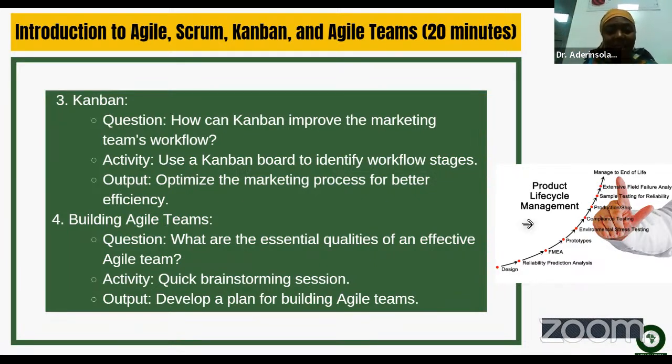So I'm now asking what are the essential qualities in your different roles as an Agile team? Basically, I want you to do a brainstorming session, and your output at this point is just to say, this is your Agile team, this is the plan for my Agile team.